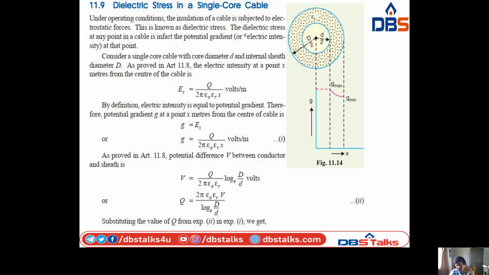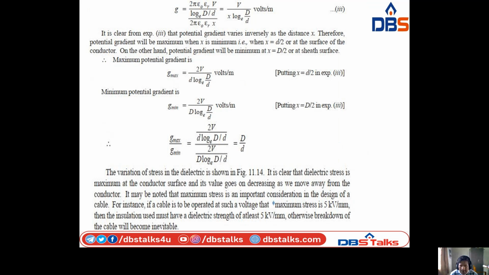Substitute equation 2 in equation 1, and we get G is equal to 2 pi epsilon naught epsilon r V by log capital D by small d, divided by 2 pi epsilon naught epsilon r x. The 2 pi epsilon naught epsilon r cancel each other, so the remaining term is the potential gradient G is equal to V by x into log base e capital D by small d volts per meter, taken as equation 3.